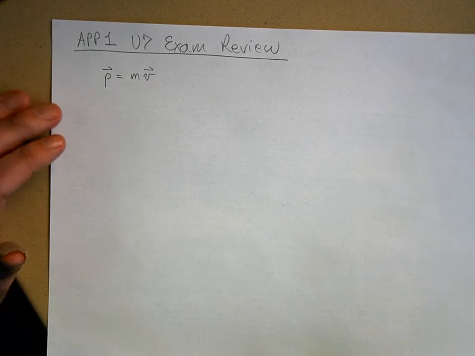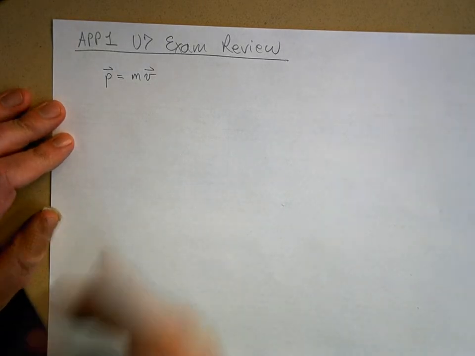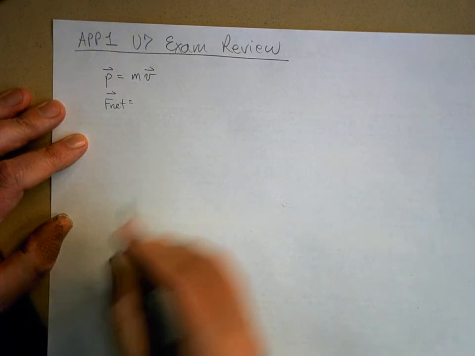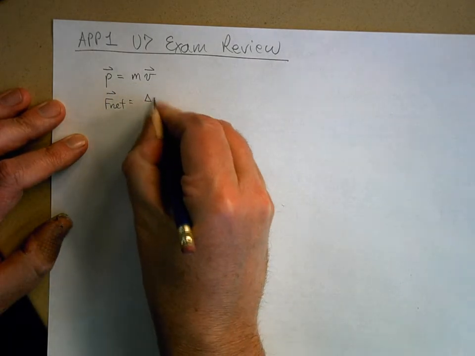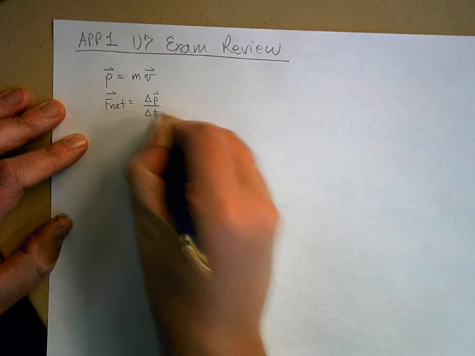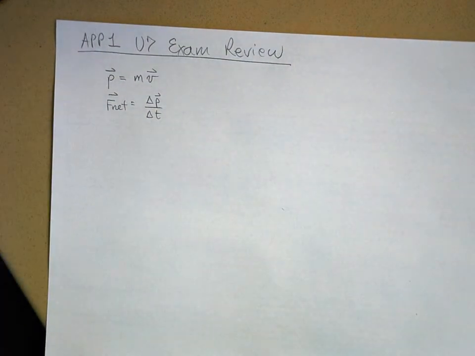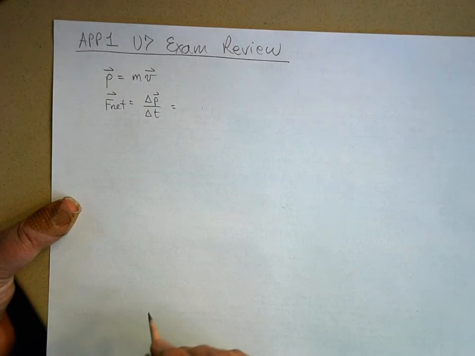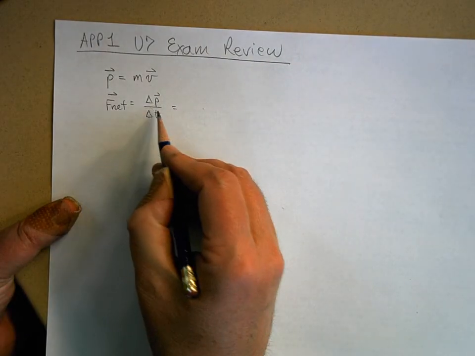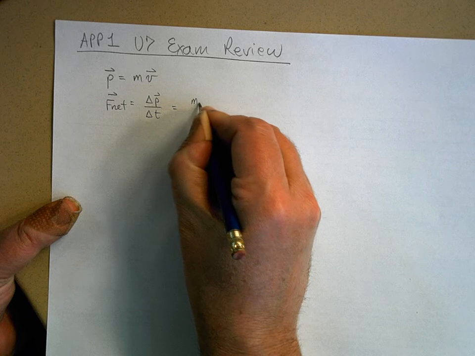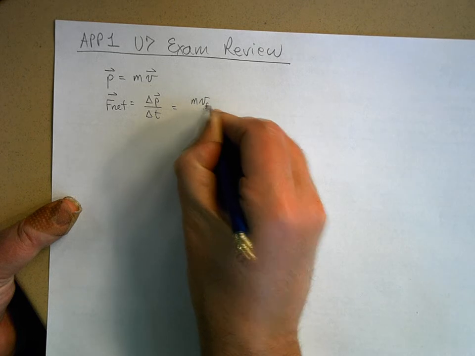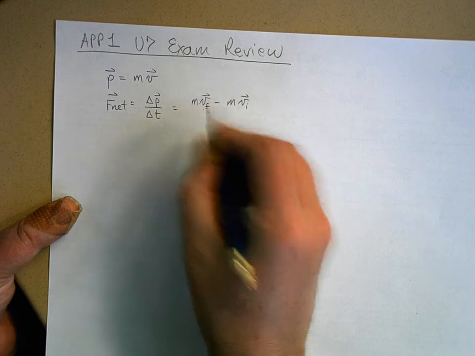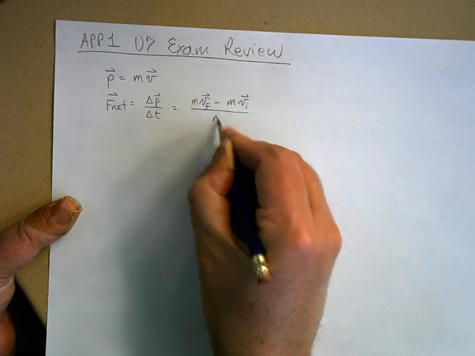Okay. Now, this all derived from this expression right here. The net force on an object is equal to the rate at which momentum changes. This is actually Newton's second law. When you have delta p, the change in momentum, this is mass times v final minus mass times v initial. This is just assuming that the mass is constant, right?